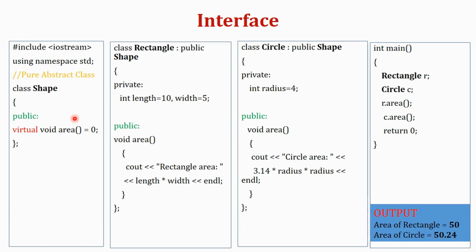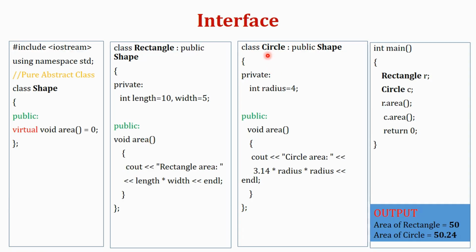There are two derived classes. The rectangle class has data members, length equal 10, width equal 5. Here the void area, we calculate the area of the rectangle and then display it. Now this area will override the superclass.